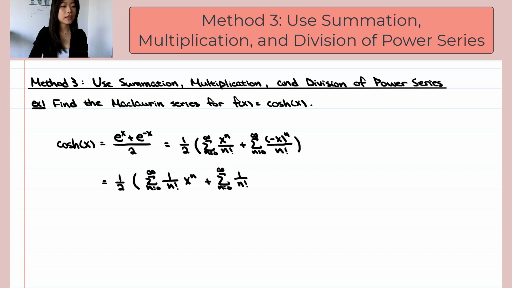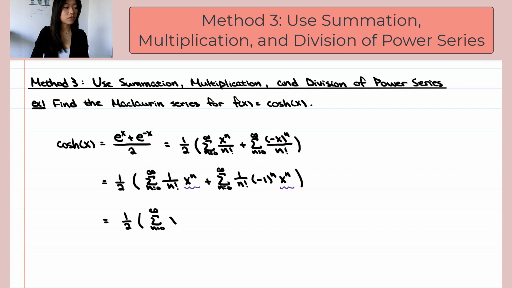And I'm going to rewrite the negative x to the power of n as negative 1 to the power of n times x to the power of n. Then I can factor out this term and rewrite it as a single summation. So this equals half times the sum for n starting from 0.